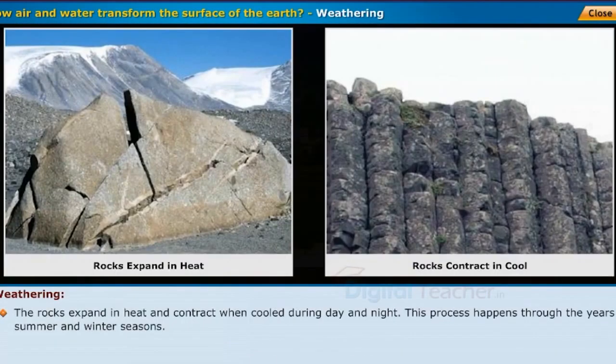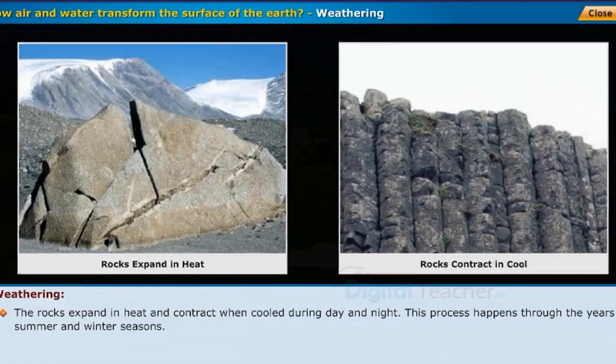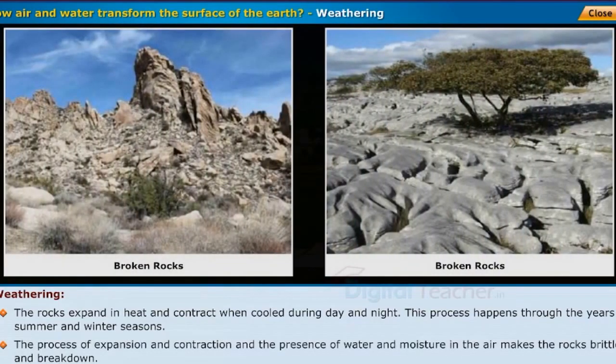The rocks expand in heat and contract when cooled during day and night. This process happens through the years in summer and winter seasons. The process of expansion and contraction and the presence of water and moisture in the air makes the rocks brittle and break down.